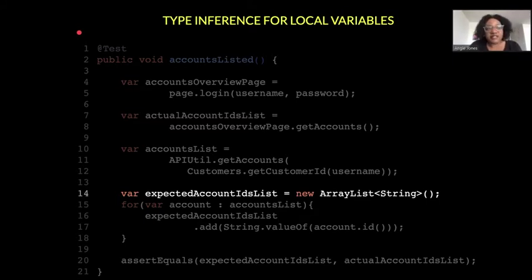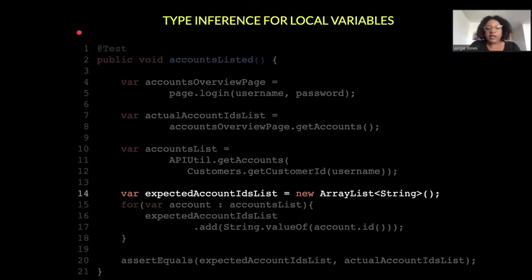It would have been a list of objects. And in this case, that would have been fine. It still would work. But if you are trying to do more explicit things, like getting each item out of the list and you actually want to do a dot and see the methods available to, say, string objects, then you would need to explicitly declare that this is an array list of strings.